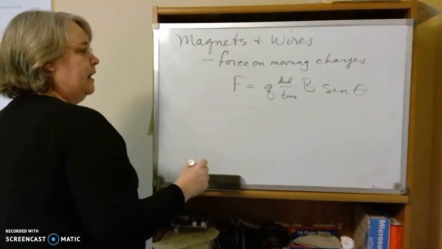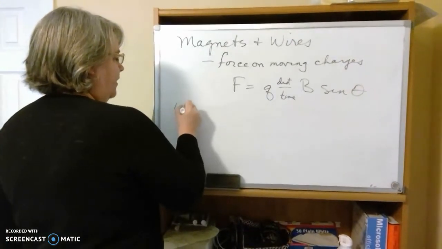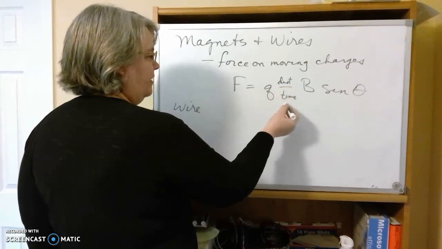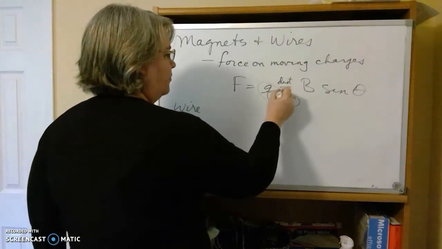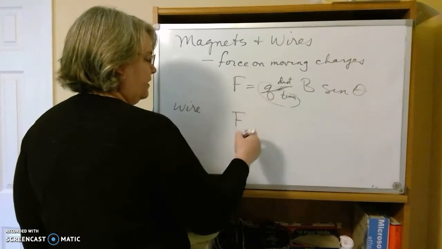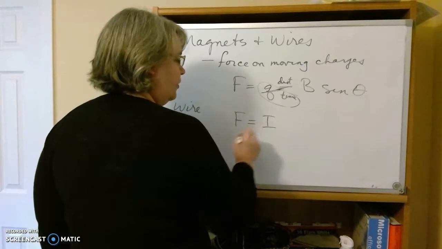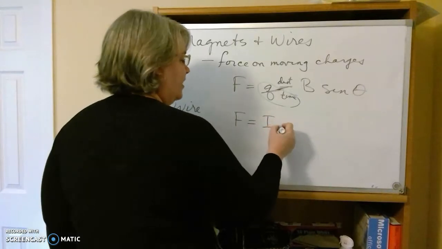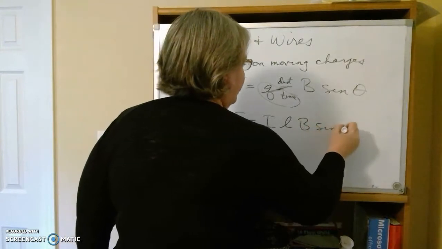For a wire, what we want to do is take advantage of the fact that we know what Q over T is. Q over T is charge per unit time, and that is equal to current. The distance in the case of a wire application would be length, and then B sine theta.